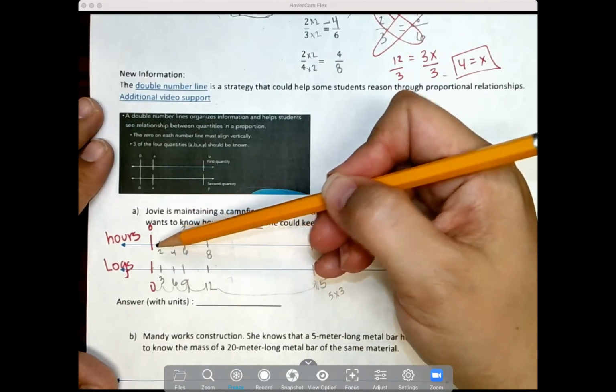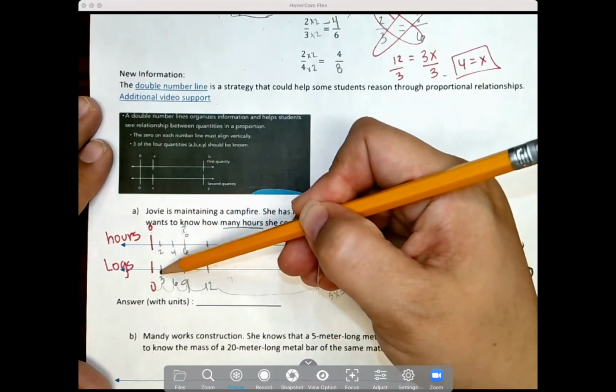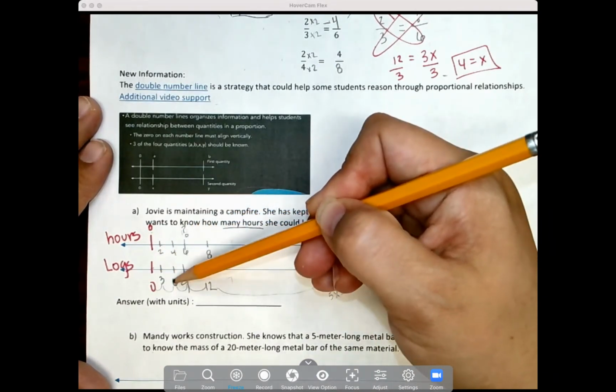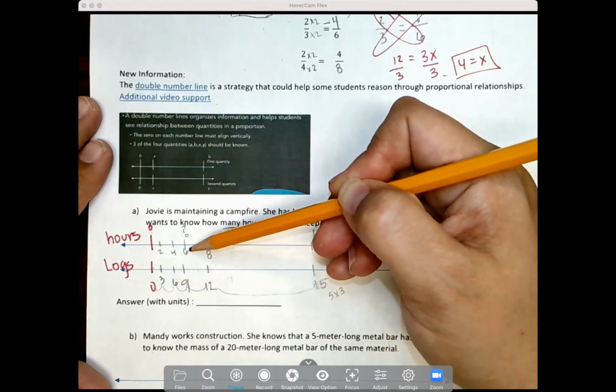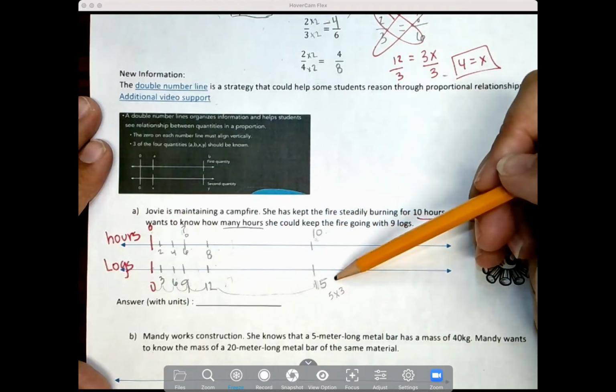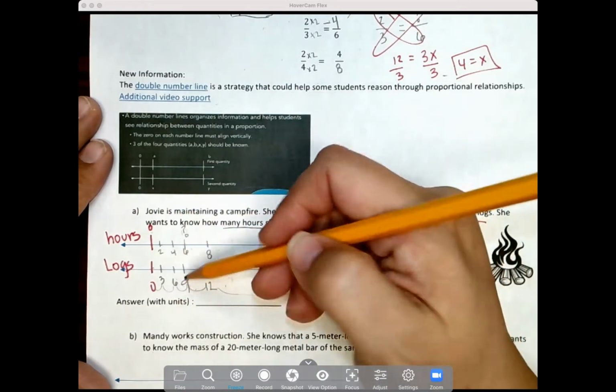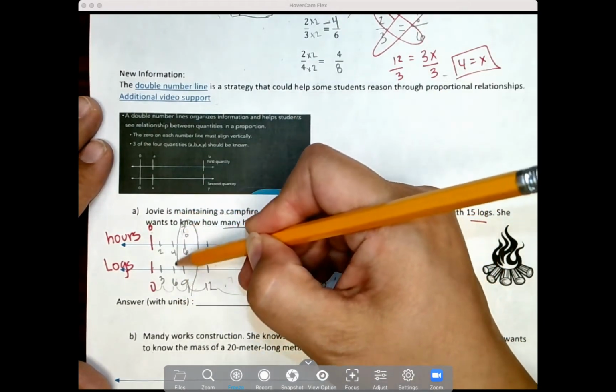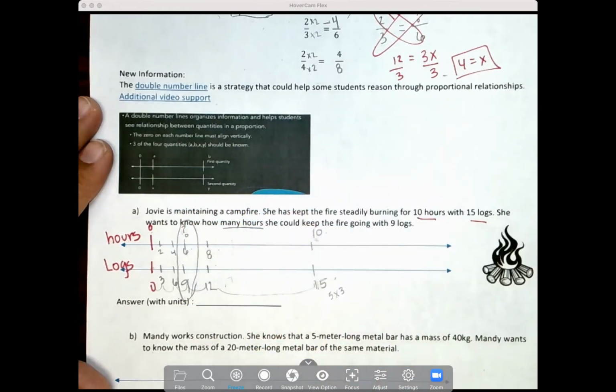So notice then here, at 2 hours, I would use 3 logs. At 4 hours, I would use 6 logs. At 6 hours, I would use 9 logs. At 8, I would use 12. And at 10, I would use 15. So this is going to be where my answer is, because that's where my question mark was.